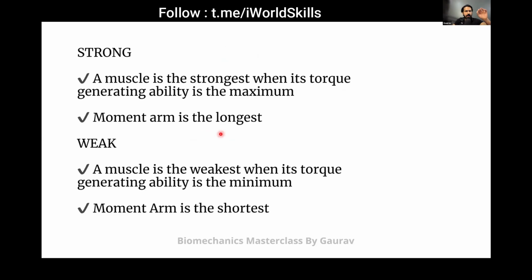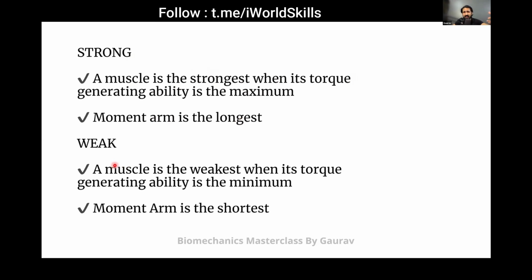Correct. Now, when I use the word strong or strongest, what do I mean? A muscle is the strongest when its torque generating ability is the maximum. And when is the torque generating ability of a muscle maximum? When the internal moment arm is the longest. And when is a muscle weakest?